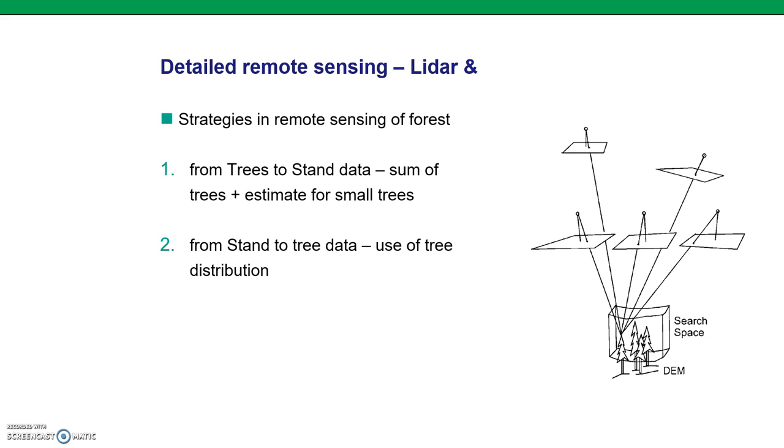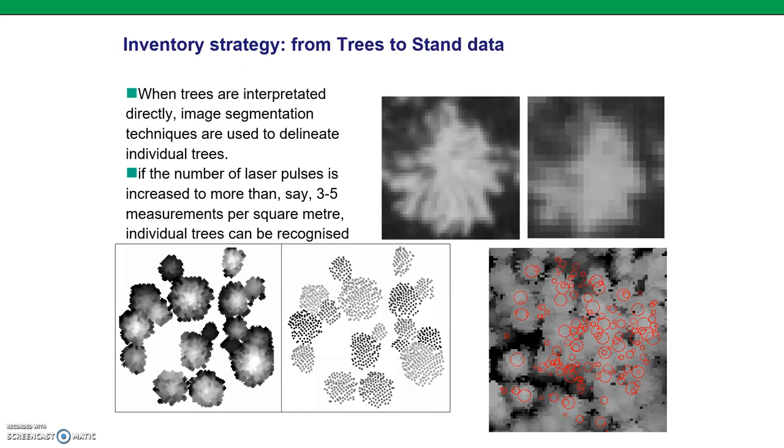We have different strategies, from the trees to stand data, where we sum trees and estimate small trees with biometric models, or go directly to stands and use tree distribution.